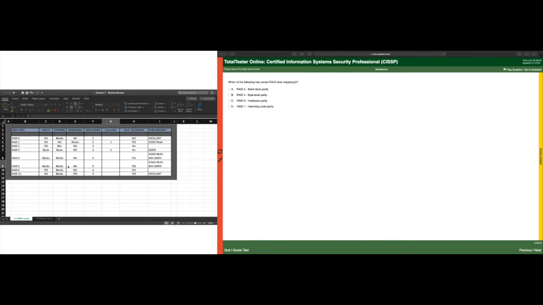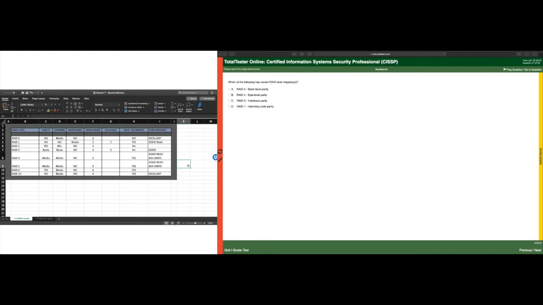So this is another reason why I encourage folks to bring up the muscle memory charts when you go through practice questions, because you get a chance to add information to the charts. So see, RAID level 3 is byte level, not block level. RAID level 4 is block level, not byte level.